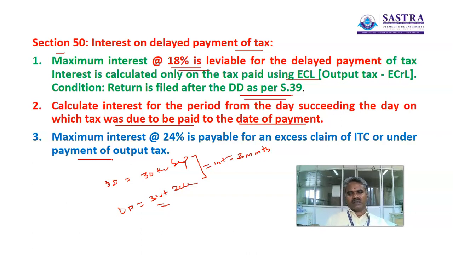Here they will charge the maximum interest rate of 25%, because it is your fault; you are cheating the government. So when you claim ITC in excess or underpay output tax, it is your responsibility, so you have to pay the maximum interest rate. Here interest is a penalty. Okay.